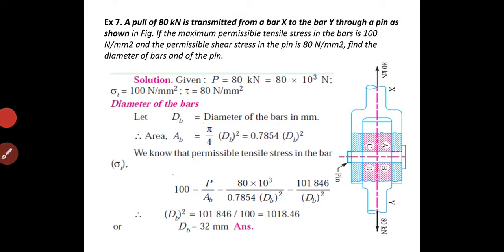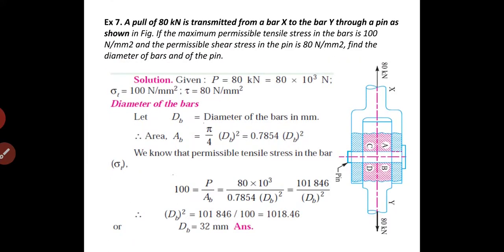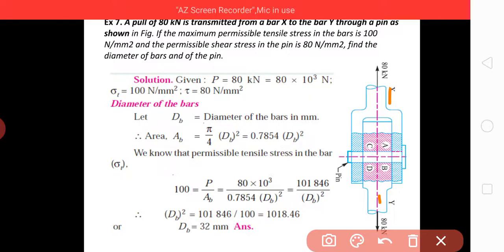Again, one more example. A pull of 80 kilonewton is transmitted from a bar X to the bar Y. This is the bar X, this is the bar Y, through a pin.